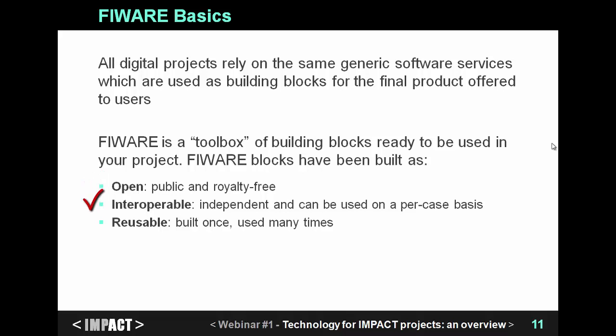Interoperable, because FIWARE blocks are independent and can be used on a per-case basis, interconnected between them and also with your own specific developments. And reusable, because FIWARE software is built once and tested so that you can take advantage of all its features without having to recode them. So basically, no more reinvention of the wheel.